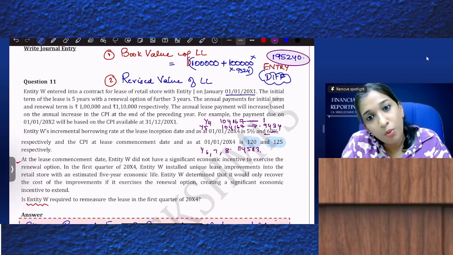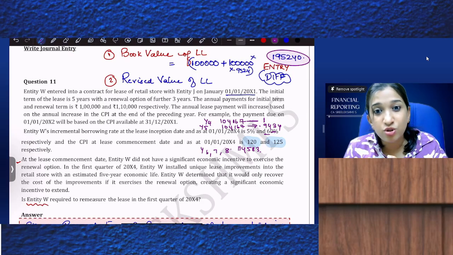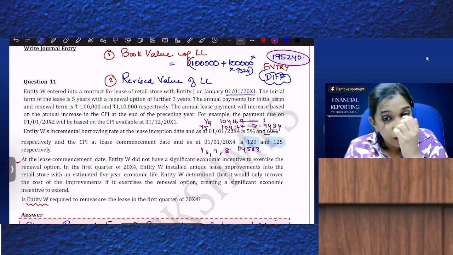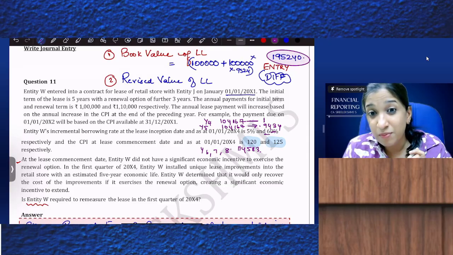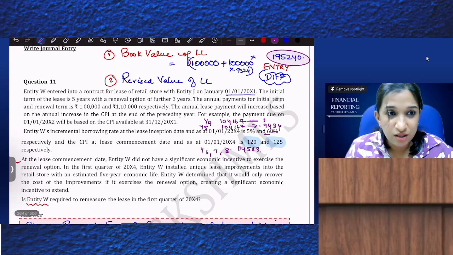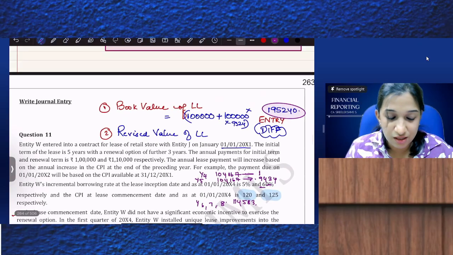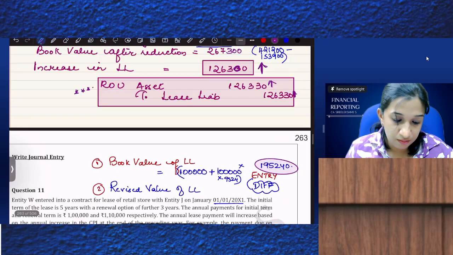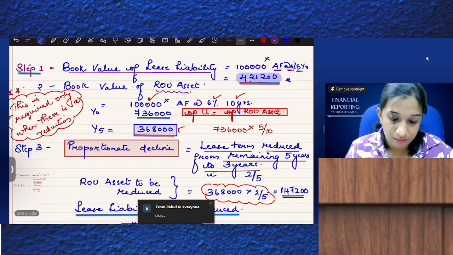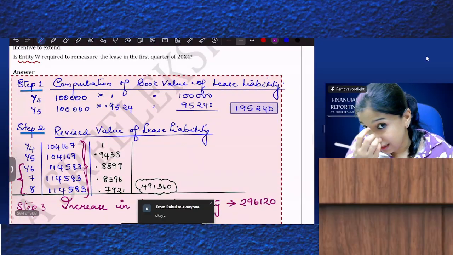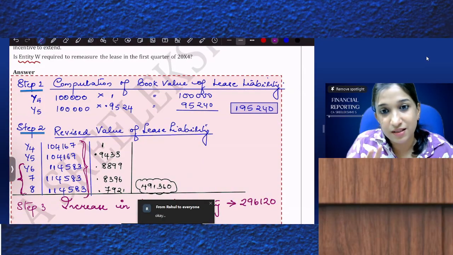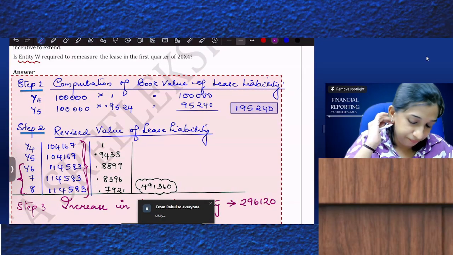In the original contract there is no modification, but term changed means even though it is there in the original contract, you should calculate the revised liability using the revised rate. Term or purchase option changed means the revised rate is to be used. Okay. Amendment always revised. Remeasurement with term changed, revised rate.